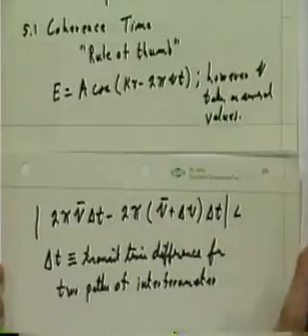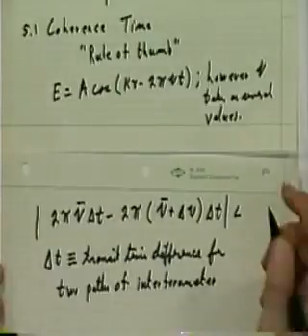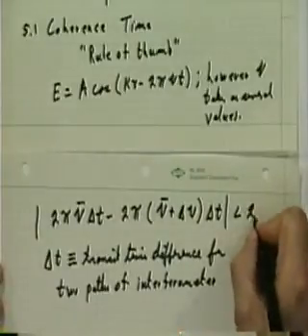Do you want it to be less than pi over 2? Do you want it to be less than pi? Or most books will say we want this to be less than 2 pi.